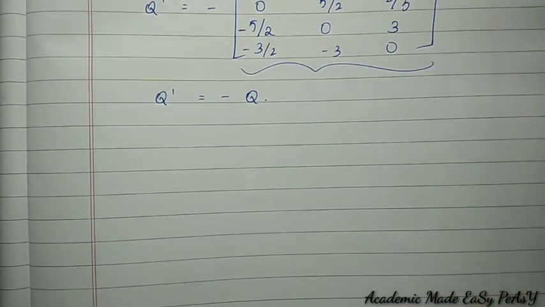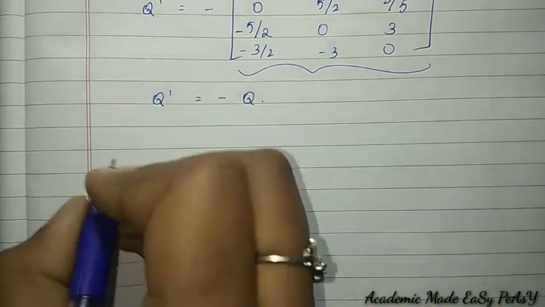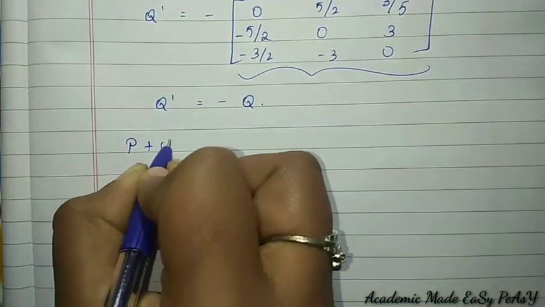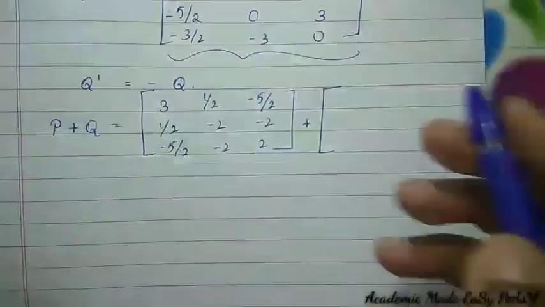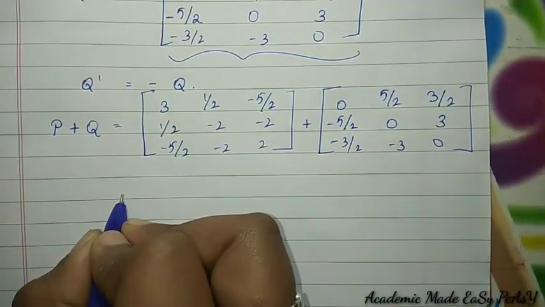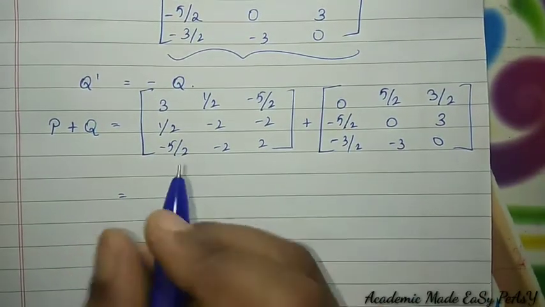Now what have they asked? I have to express it as a sum of symmetric and skew symmetric. So I have to add P plus Q. Now I will be adding these two matrices.